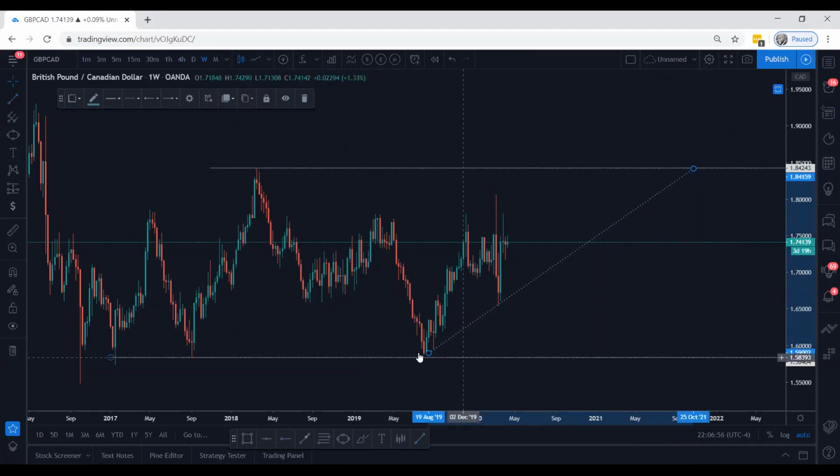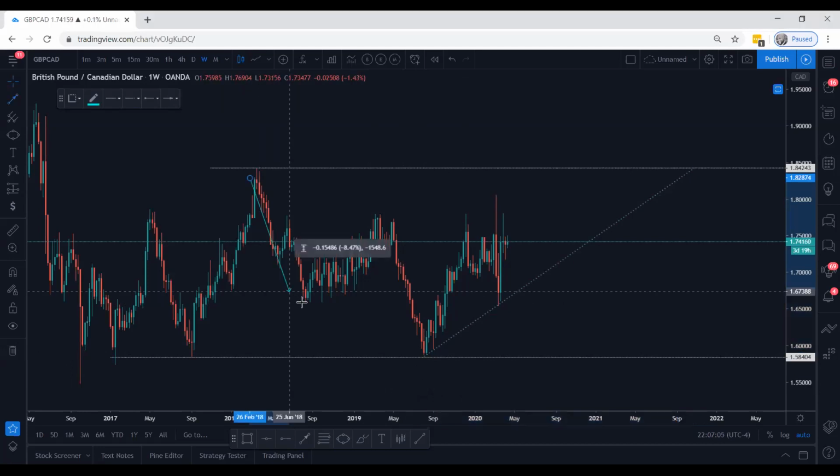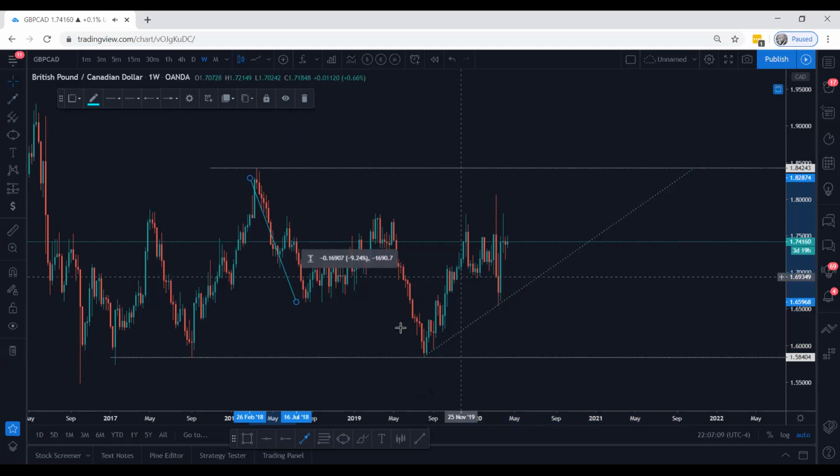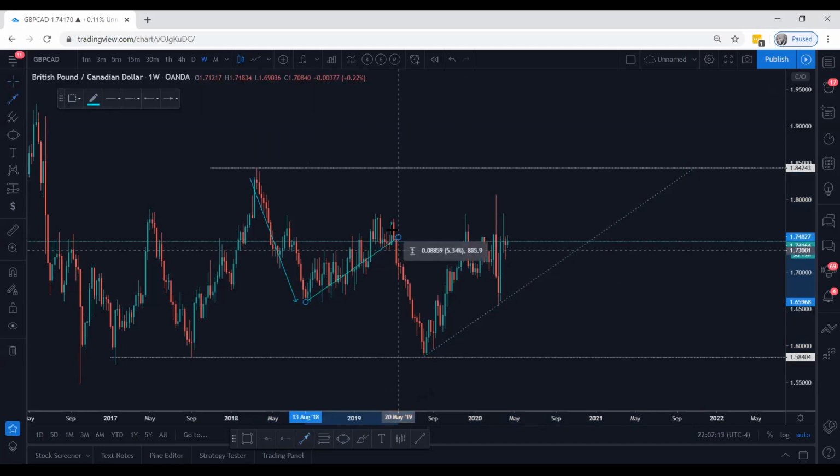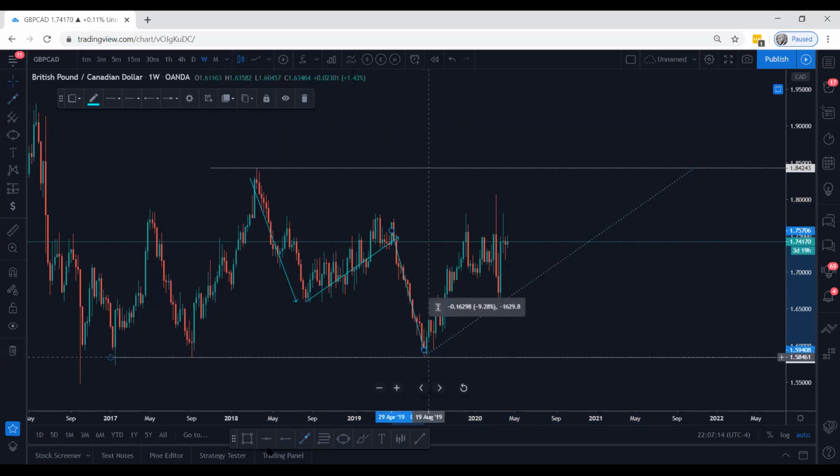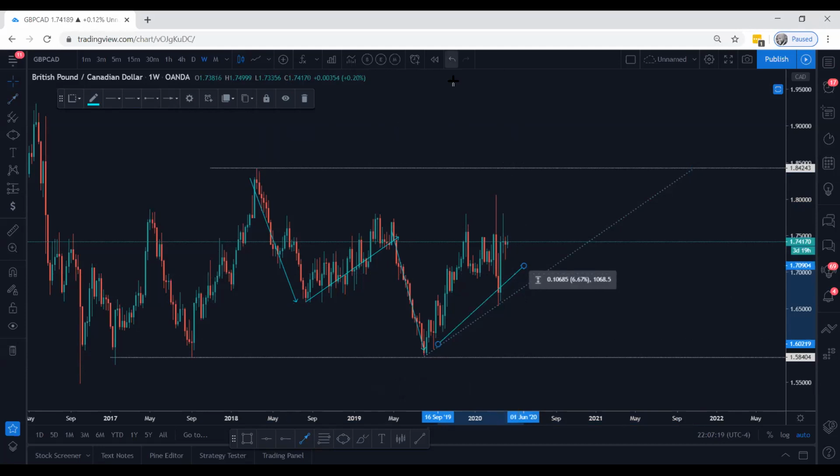Right now, I see that it's an uptrend, but if I look left, I have an impulse, correction, continuation, correction. So essentially, we're in a weekly correction right now.